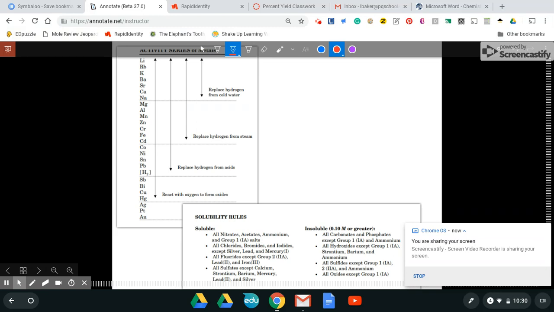I want to know if AgCl is soluble. Well, if you look down here, chlorides are soluble unless they have silver, lead, or mercury. So this is going to be insoluble. All right, the next thing, let's look at Na2S.